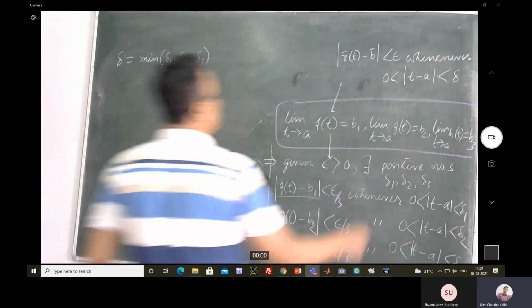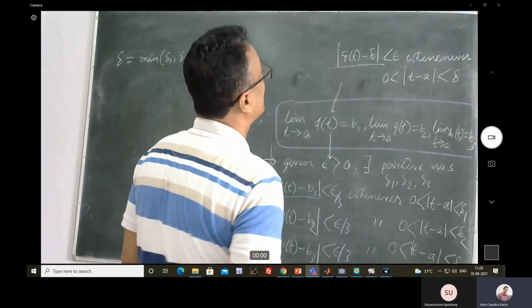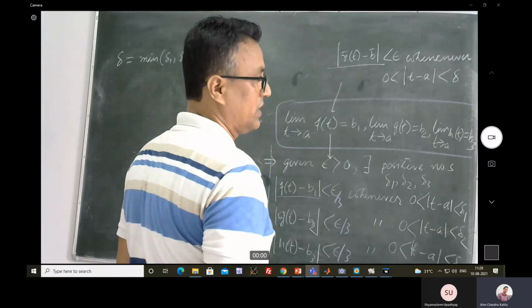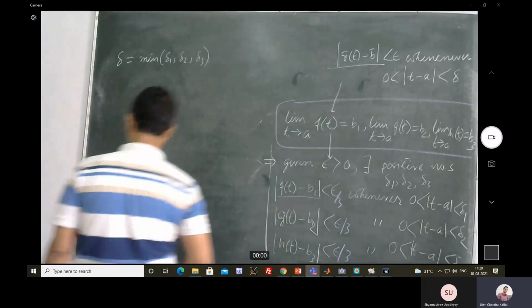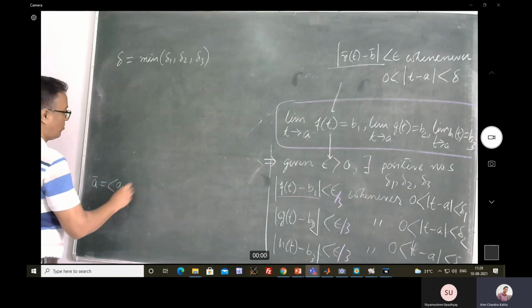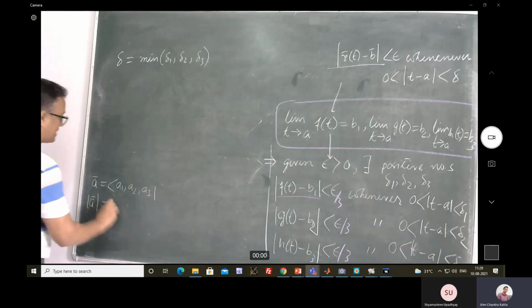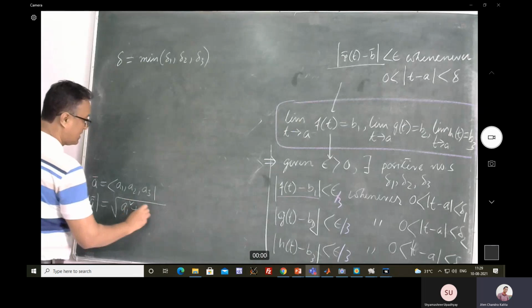Now, if you look at this expression, and if you consider the components, if you recall, suppose I consider a vector A whose components are A1, A2, A3, then the modulus of A was simply this.